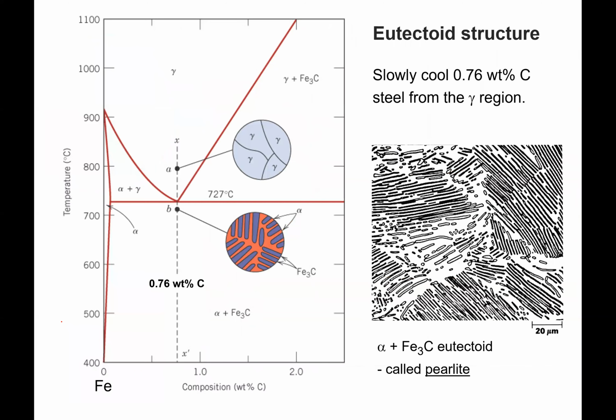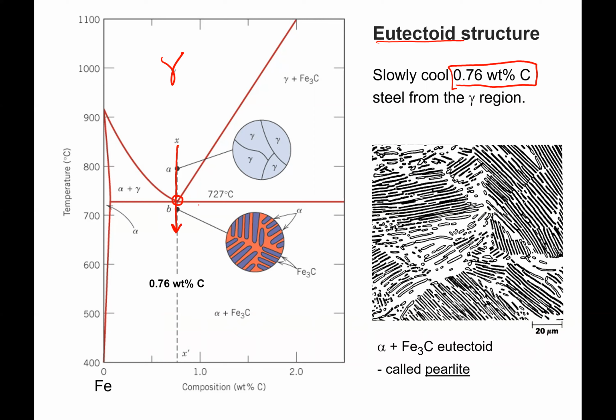So let's get into it a little bit. If we had a eutectoid steel, that would be a steel that is at exactly 0.76 weight percent carbon. That's right on the eutectoid point here. Or we'll be going through that eutectoid point. And so we would be starting with our austenite, gamma, and we go through the eutectoid point.